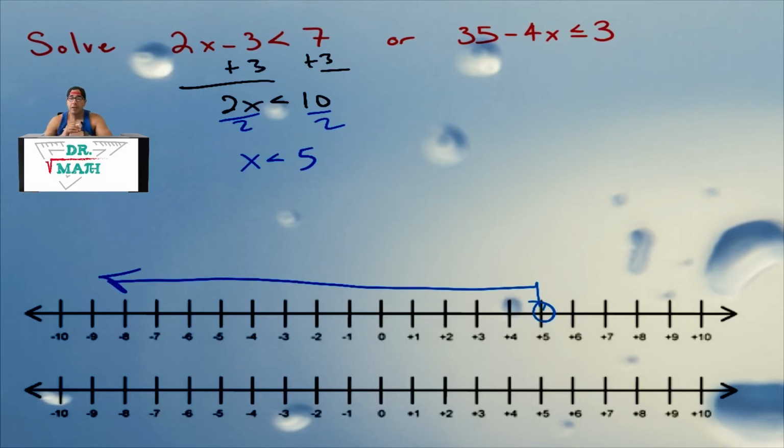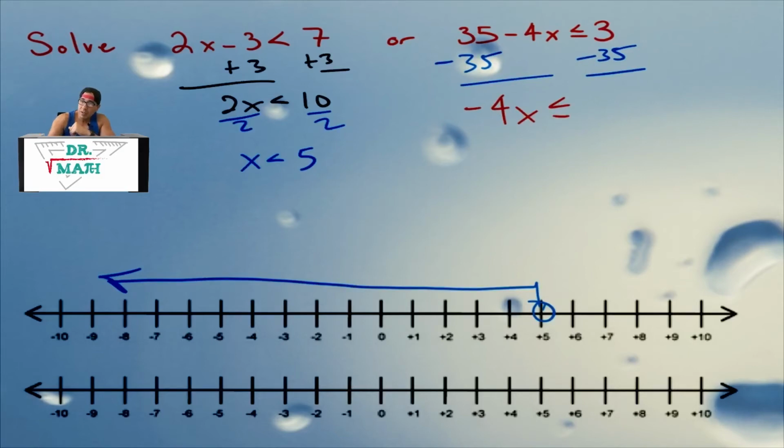Bam. All right, so next one, we're gonna go ahead and solve for x. So let's subtract 35 from both sides. Subtract 35, and we get -4x is less than or equal to 3 minus 35, which gives us -32.